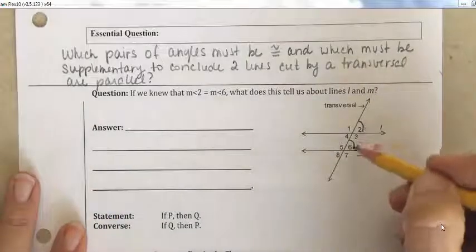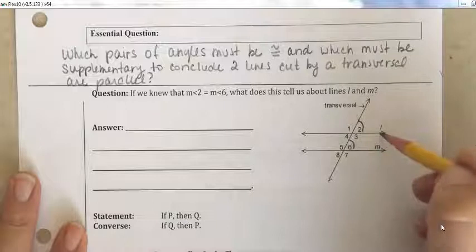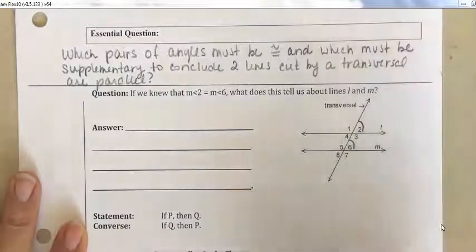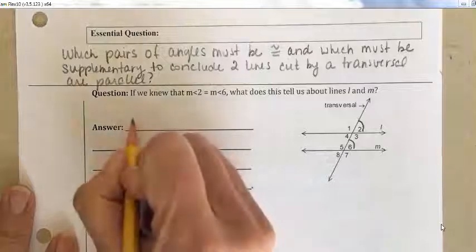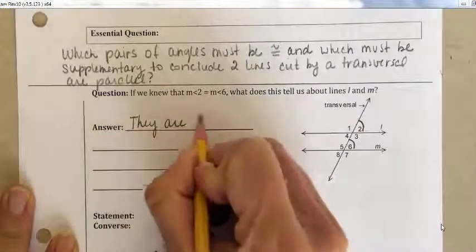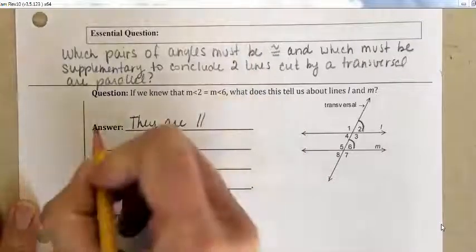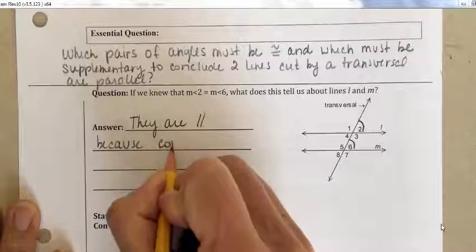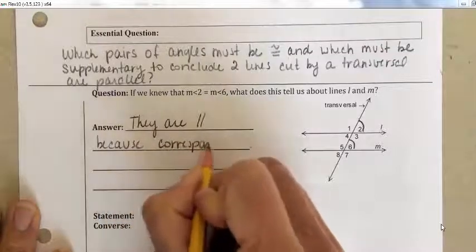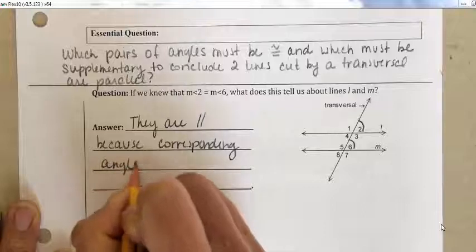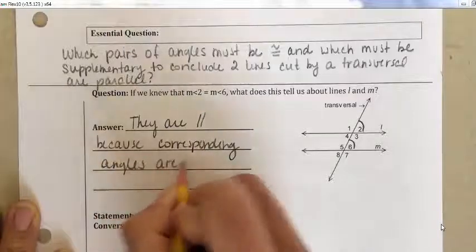So if I know that corresponding angles are congruent, then I can conclude that the two lines cut by the transversal are parallel. So we can conclude that they are parallel, and I'll use the parallel symbol, because corresponding angles are congruent.